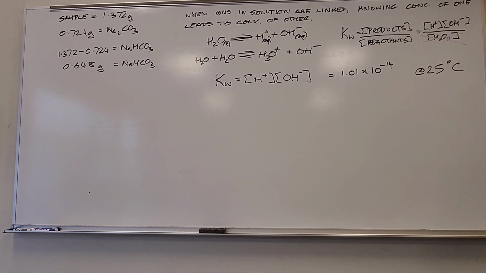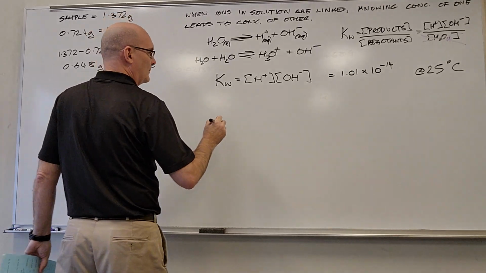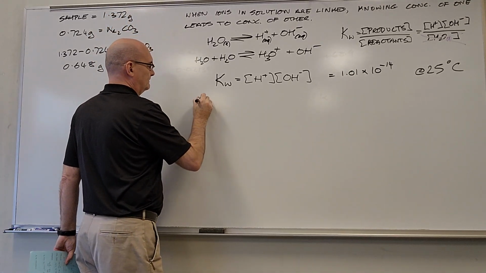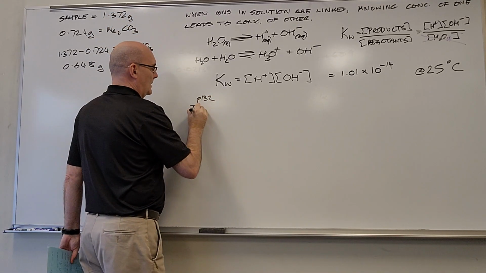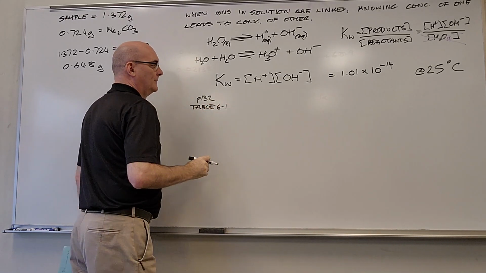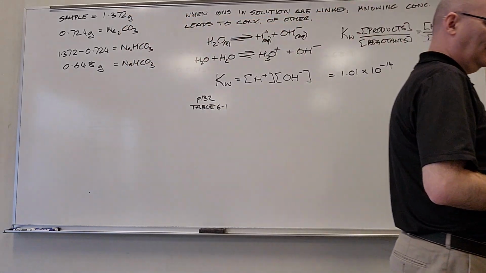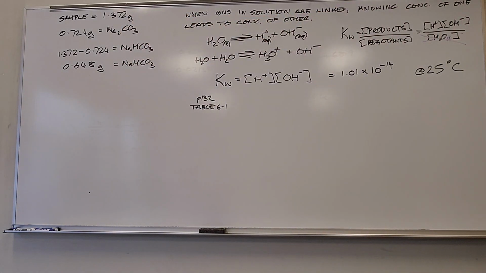Your book has a table on page 132. Table 6.1. And it says the value of Kw at 25 degrees Celsius is 1 times 10 to the negative 14. That's the number that we all know.